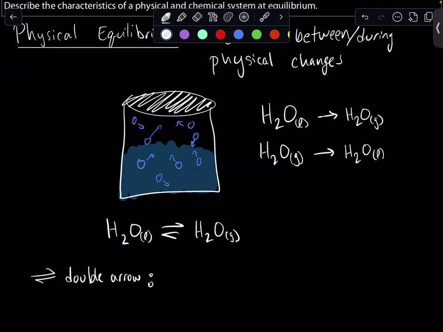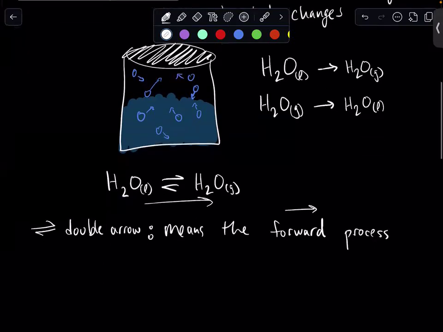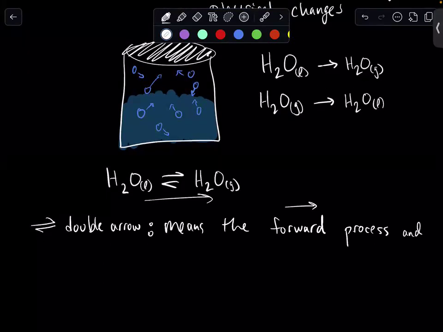What our double arrow signifies is that the forward reaction, so forward meaning to the right, the forward process, and the reverse process, the reverse process going backwards, occur at the same rate.